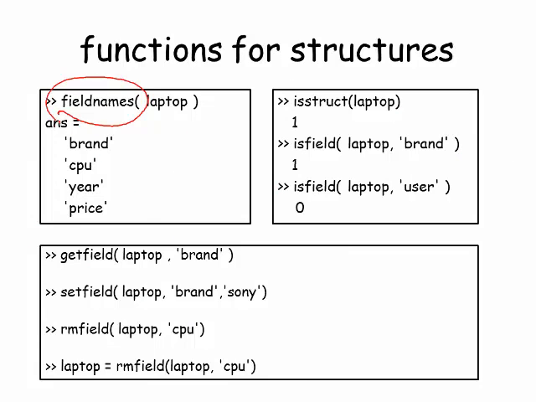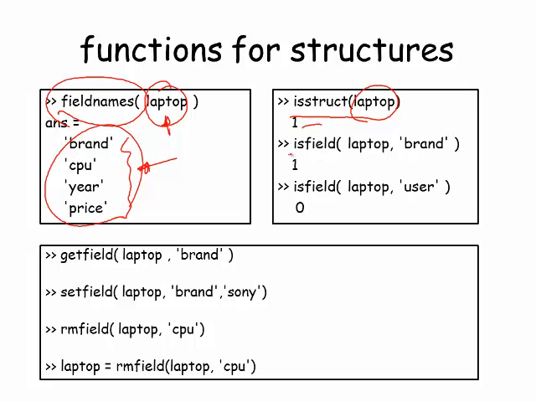The fieldnames function will take a structure and return a cell array of field names. So fieldnames(laptop) will tell you which fields that structure has. isstruct(laptop) will tell you whether the laptop variable is a structure or not.